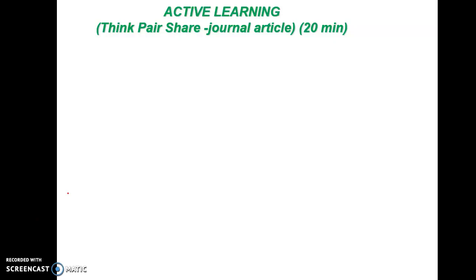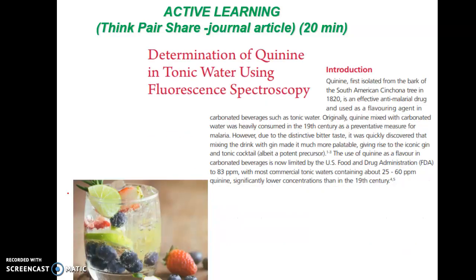Okay, we will do active learning on extracting information from a journal article. This is a journal article, or rather we call it a technical article, given by, I think, the brand who produces the spectrofluorometer in our department. So I will give you the paper on determination of quinine in tonic water using fluorescence spectroscopy. Quinine was originally an anti-malaria drug.